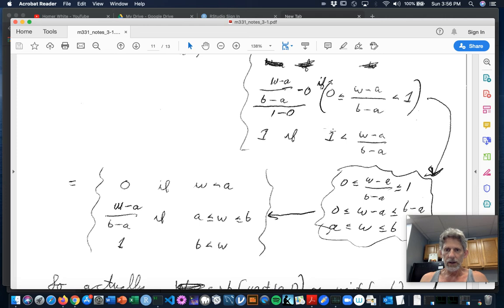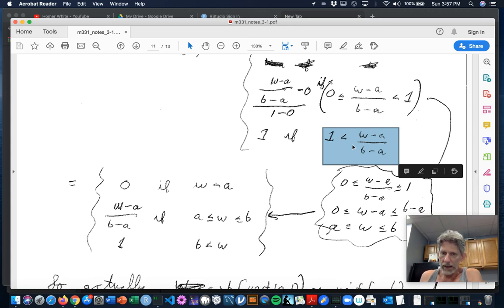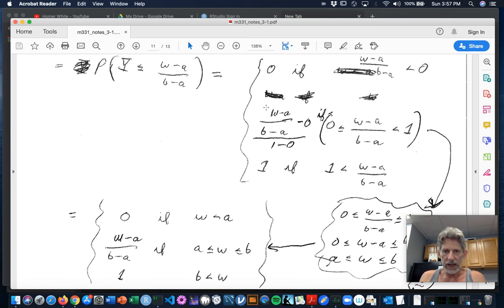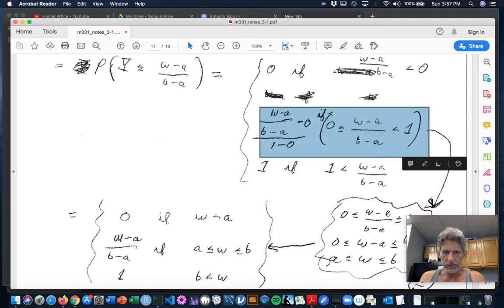There, I multiply both sides by b minus a, and I get b minus a on the left and w minus a on the right. So I add an a to both sides and I get b less than w. Okay, so this bit works to this bit. And no more procrastinating. I got to work with this bit.